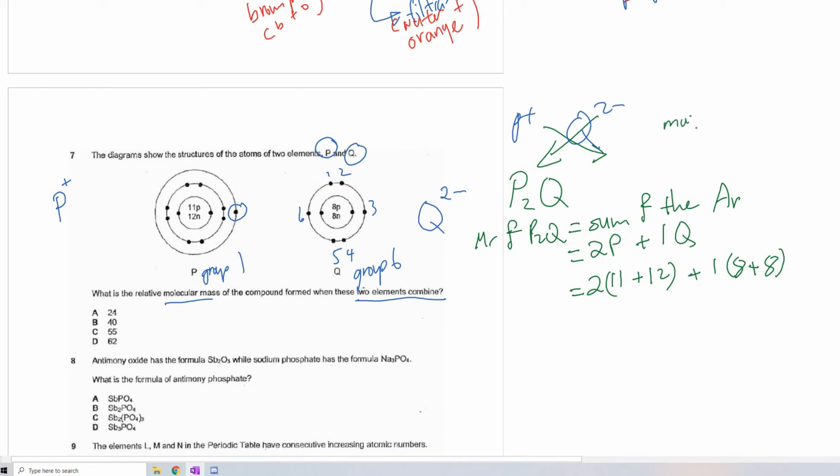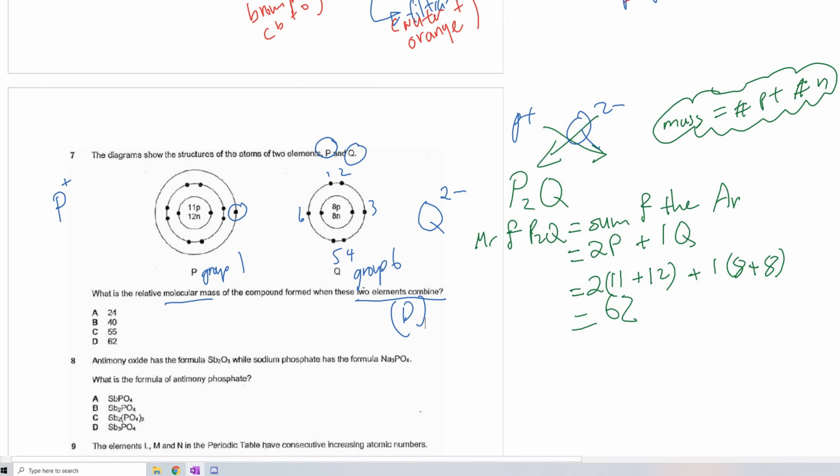Mass number is equal to the number of protons plus the number of neutrons. Alright, so you must know this before you can proceed with the question. If we press our calculator, we would have the answer 62. And the answer for question 7 is D.